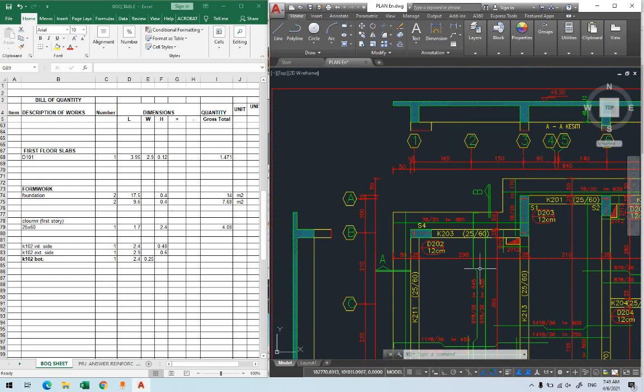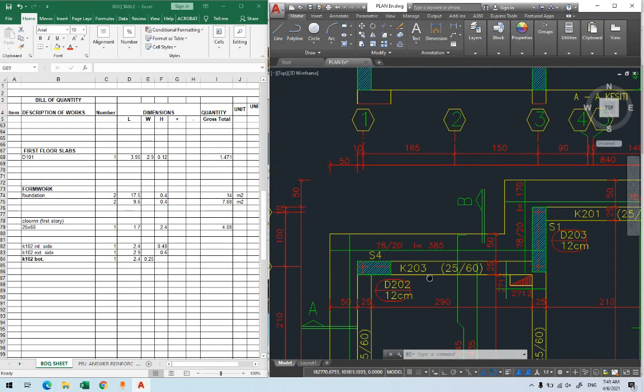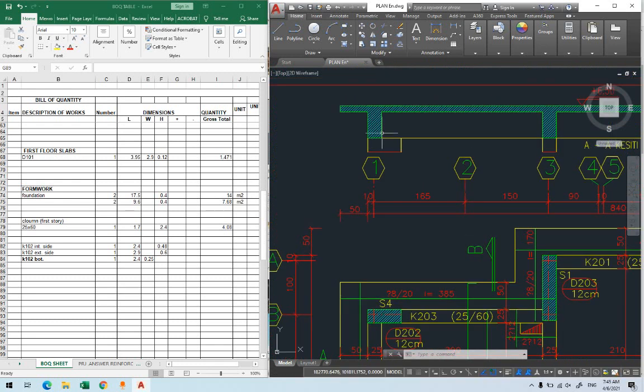Even though, for example, K211 is an exterior beam, or K203 exterior beam, because the slab continues out, the two sides of it will be treated as interior. Based on what? This side and this side height will depend on the thickness of the slab from the two sides. Still the bottom is similar, from face of column to face of column.